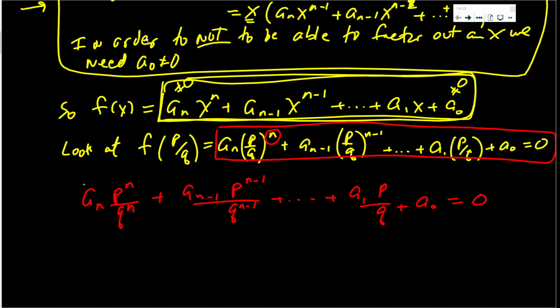And now I am going to multiply both sides by q to the n.